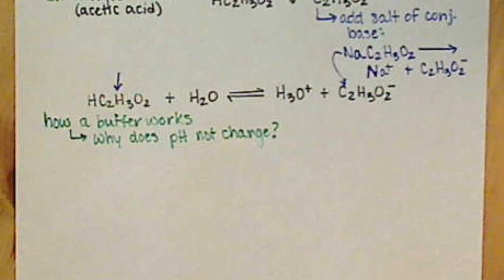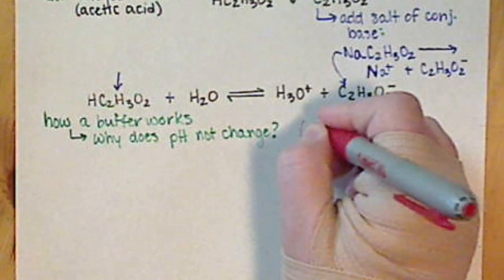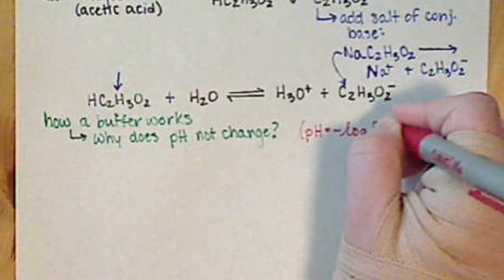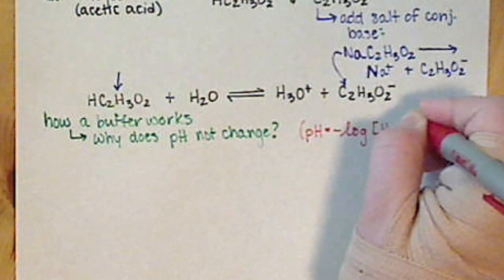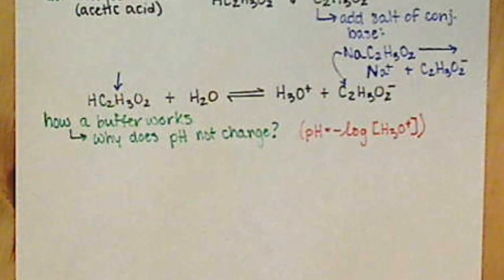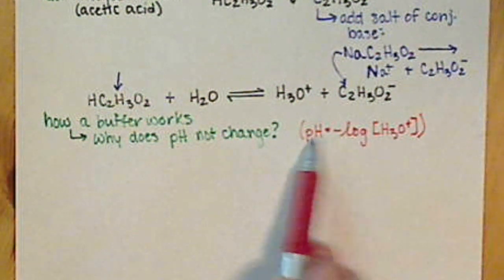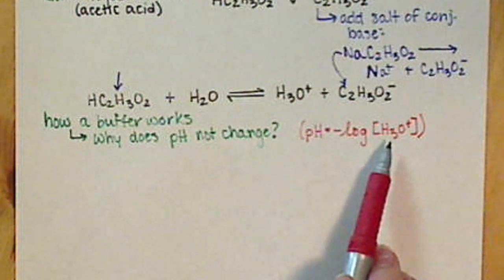Well, what we have to keep in mind is pH is dependent on the concentration of H3O plus. pH is equal to the negative log of the concentration of H3O plus. So if we are going to change the pH, that means the concentration of H3O plus is going to change.